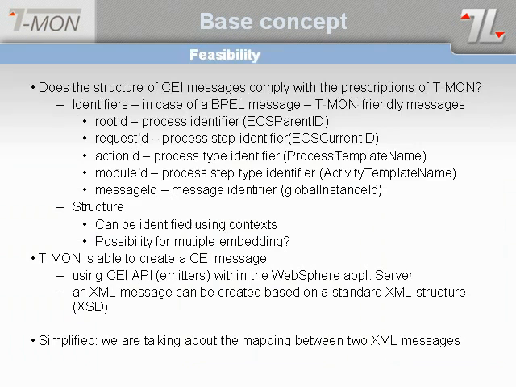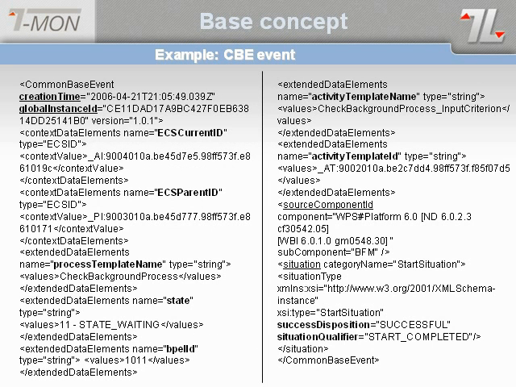We try to check the feasibility, as I mentioned, whether the messages, identifiers, and structures of TMON can be supported using the CEI message sent by the process server that should be regarded as example in the future. In order to be able to imagine this, with some difficulty, I have squeezed the CBE message on this screen. I've marked the information that is interesting for us with bold, and I've marked with underline the mandatory fields we can count on, not only in case of such a sample process server message, but in case of any message.